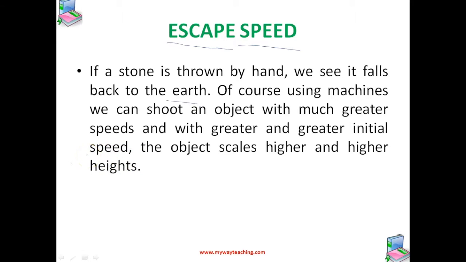Suppose the object did reach infinity and that its speed there was v(f). The energy of an object is the sum of potential and kinetic energy.